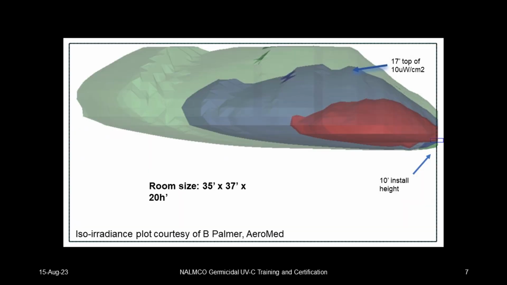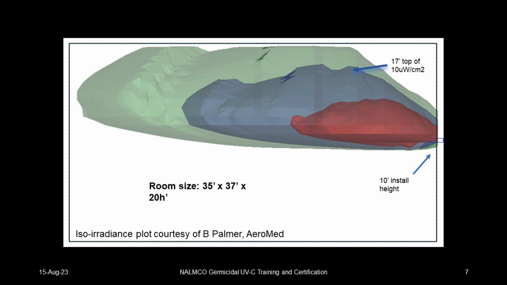So what do you see here? This is a diagram of iso-irradiance lines. So if we take a look at the center line, this is the output from a fixture. It's essentially in a very high ceiling room, and this is one with a 20-foot ceiling. We would measure 10 microwatts per square centimeter at the edge of this plume or iso-irradiance line.